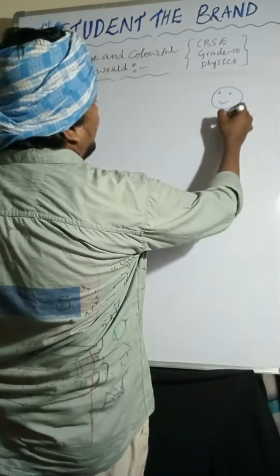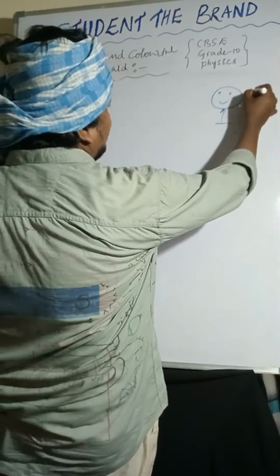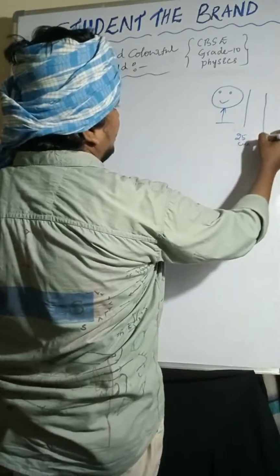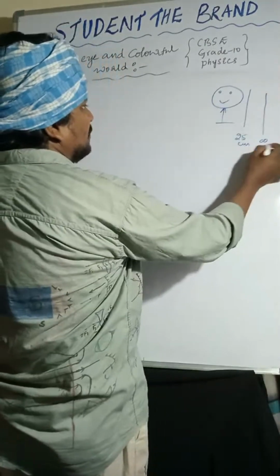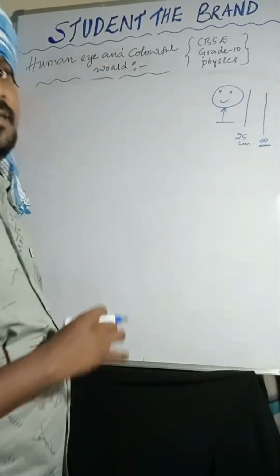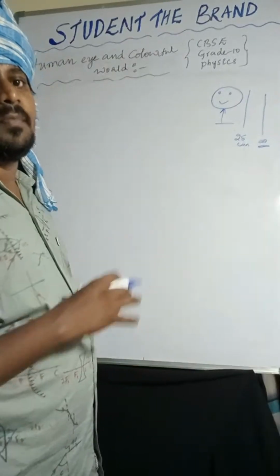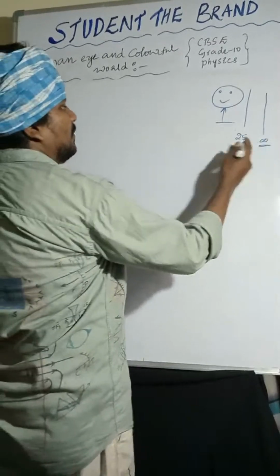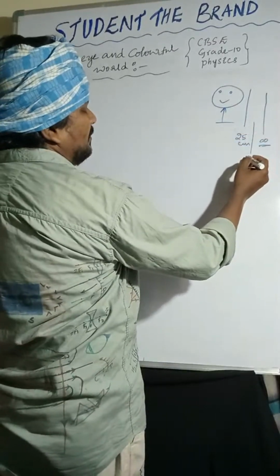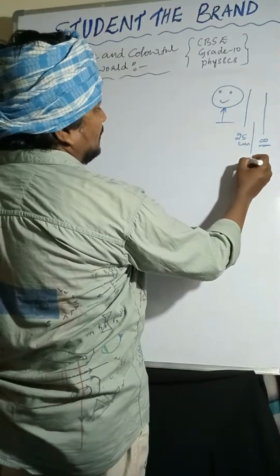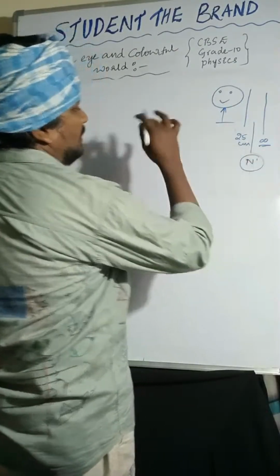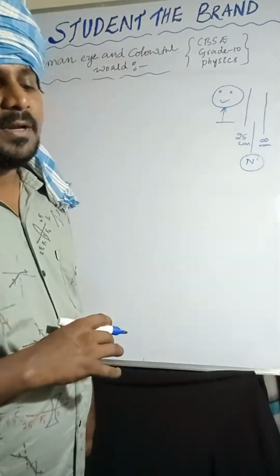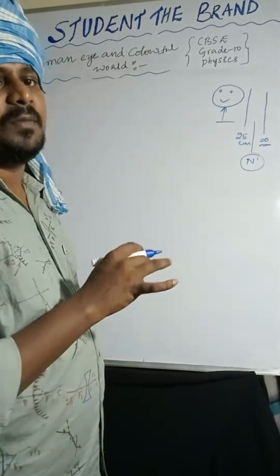These are all refractive defects. So this is 25 centimeter and this is infinity. The person can see the far point clearly. Infinity he can see, but near point he can't see. Somewhere between infinity and 25 centimeter he can see. That is the near point of the hypermetropic eye.